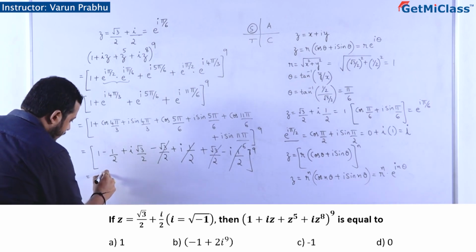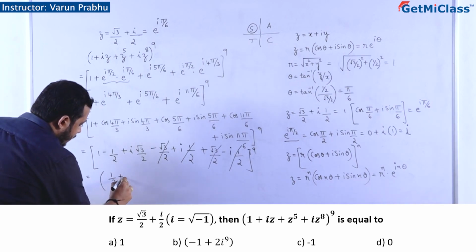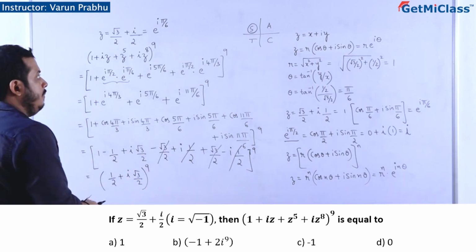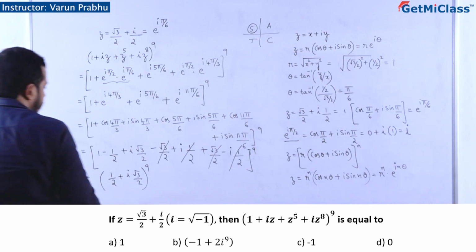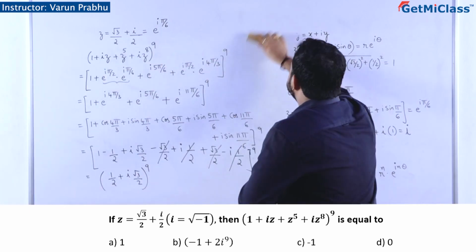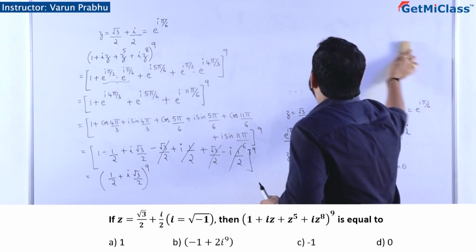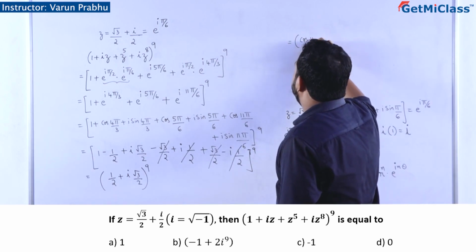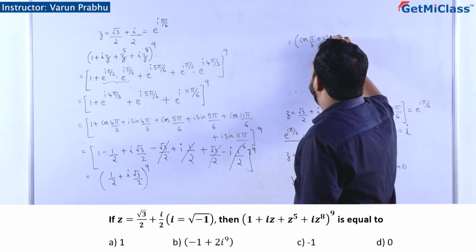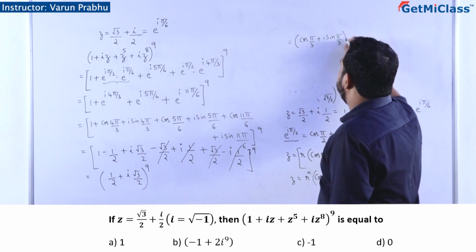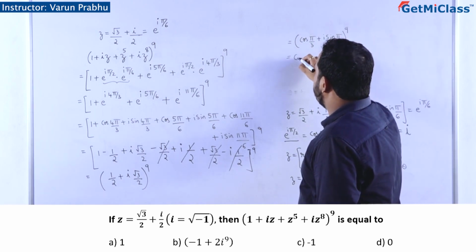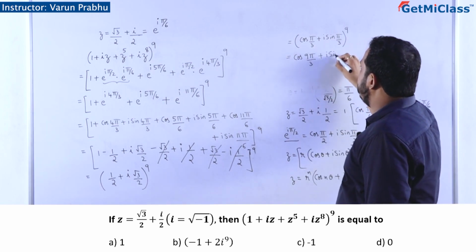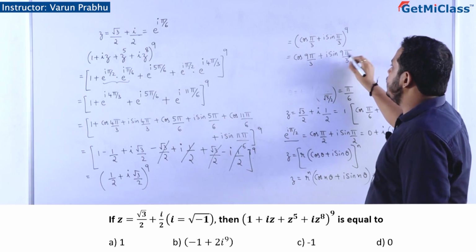So we are left with 1 minus half, that is nothing but half, plus I into root 3 divided by 2 to the power of 9, which I can further write it as 1 by 2 can be written as cos pi by 3, right, cos 60, plus I sin pi by 3 to the power of 9, which can be written as cos of, according to De Moivre's theorem, cos 9 pi by 3 plus I sin 9 pi by 3. So what is the answer that we get here?